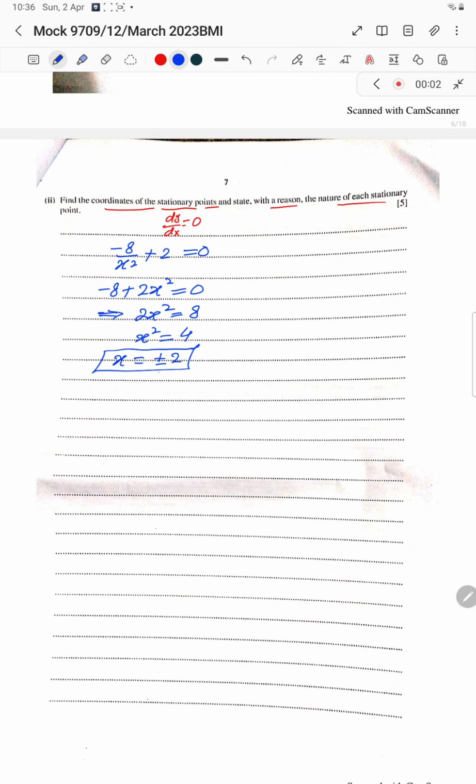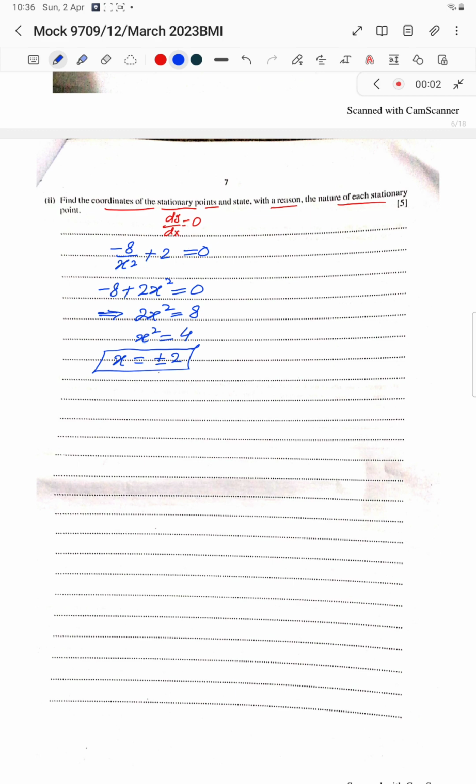While marking the papers, I found most of the students did well, but a few students, instead of putting plus and minus, just put plus 2. You need to put plus and minus, both cases. The square root gives you both answers, plus and minus, as I told you in the exam and in the class as well.